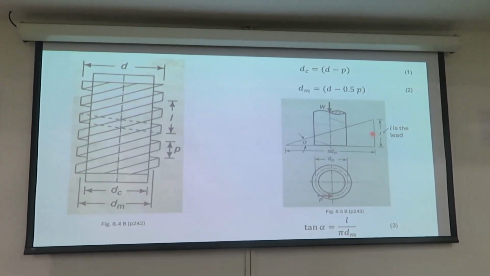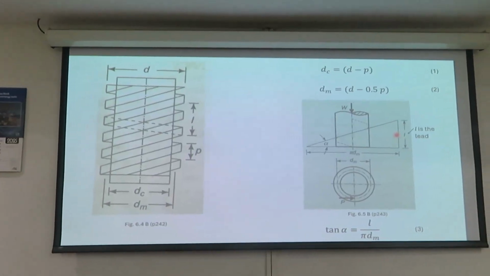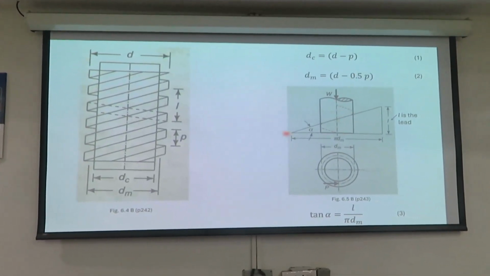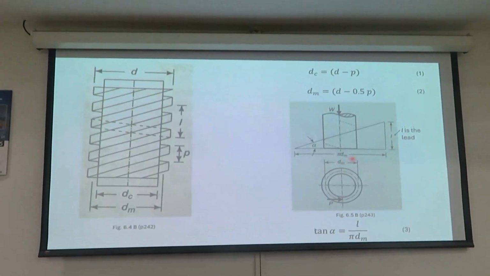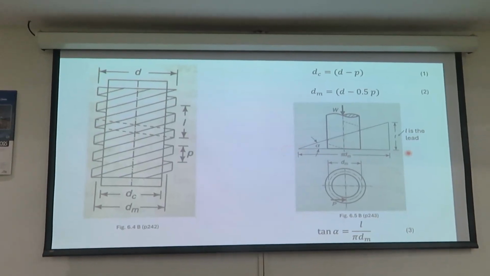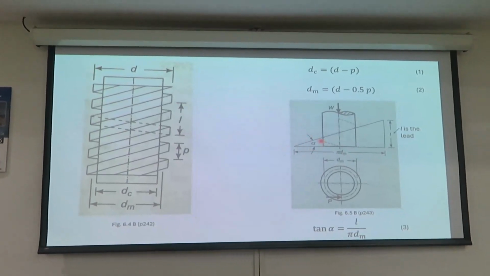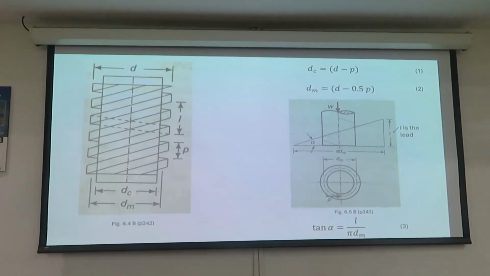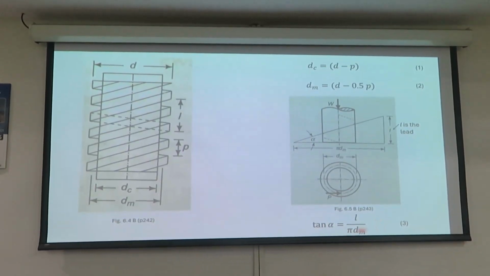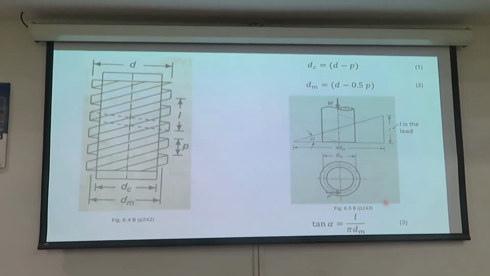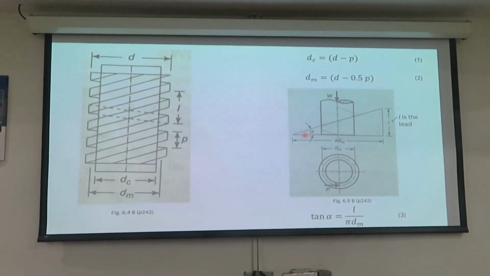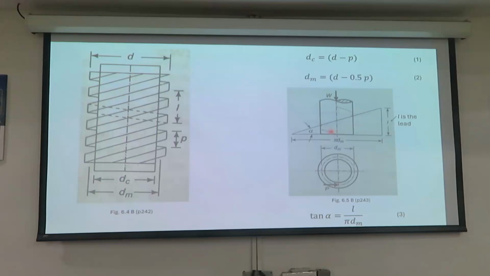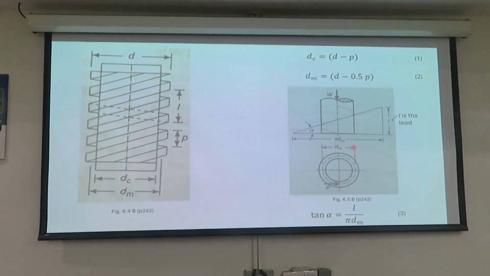If you unwind the thread and make it a straight line, it will be like a triangle. L is the lead, pi dm is the mean circumference, and alpha is the angle. So tan alpha is equal to L divided by pi dm. This equation holds. For every turn, 360 degrees, we travel pi dm and we go up L.